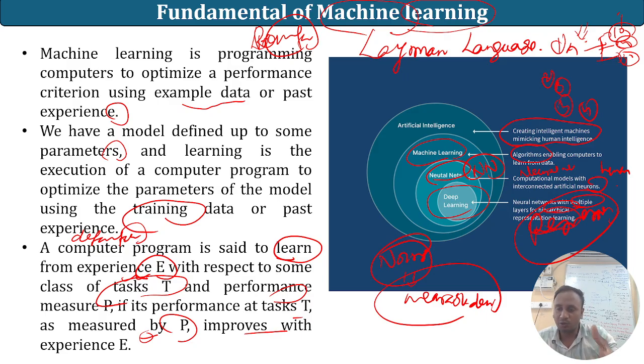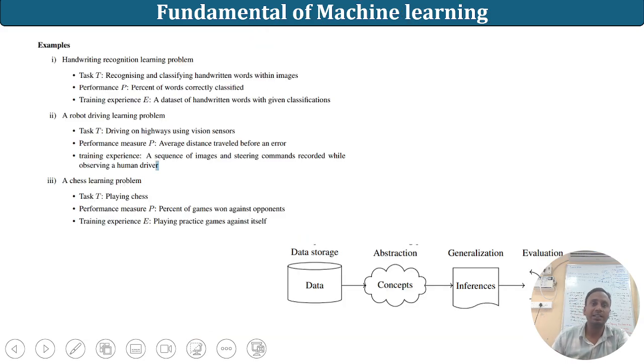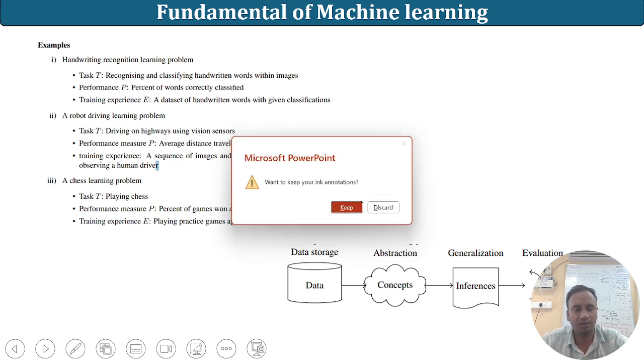Whatever it learns, to categorize or segregate the data, the performance will increase. That whole process we call machine learning. Okay, so we'll see some examples.